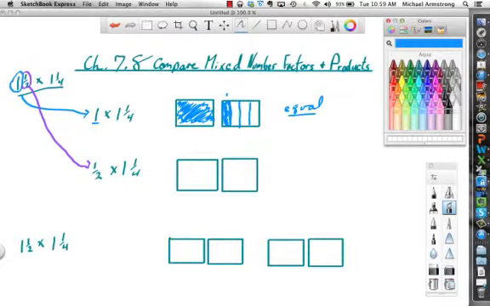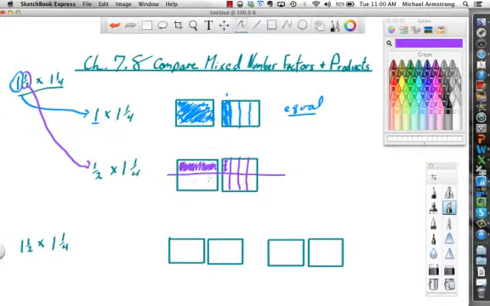And we come down here and we do the next piece of the puzzle, which is 1/2 times 1 and 1/4. Well, we're going to shade everything exactly the same way, but we're going to start by cutting everything in half. So now we're going to shade this, and then if we were to cut this in half again, and then cut these into fourths, just like we did last time, but we're only going to shade this much.